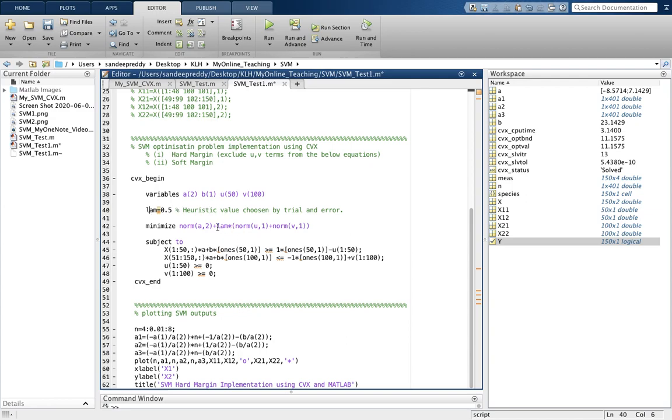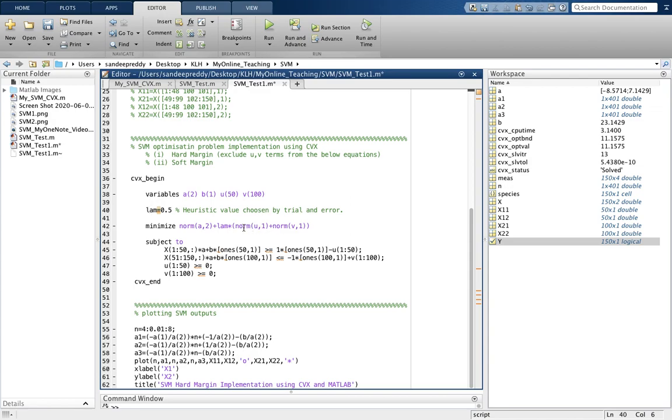Lambda is the one which sets the trade-off between whether to have the maximum distance or whether to allow erroneous classification.